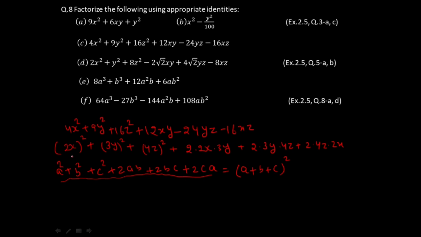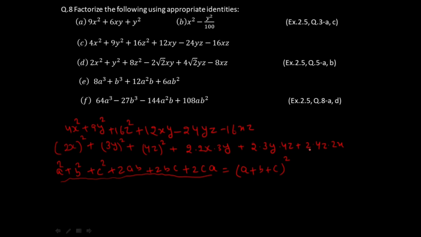Let's see. (2x) square is 4x square, right? (3y) square is 9y square, this value is this. This is 4 times 3, 12xy, correct? 2 times 3y times 4z, this is 6 times 4, 24yz, but this is positive, that is coming negative.